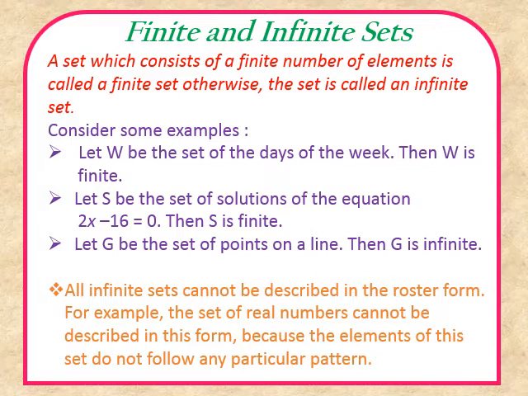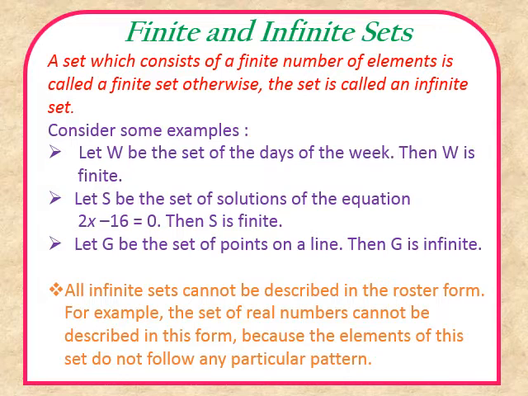Let us discuss some examples. Let W, capital W, be the set of days of the week. Now we know that W is finite, there are 7 days only, since we can count the days. Let S be the solution of the equation 2x minus 16. Simply we can find the value of x equals 8.